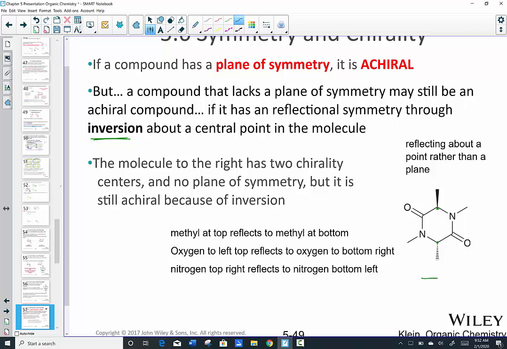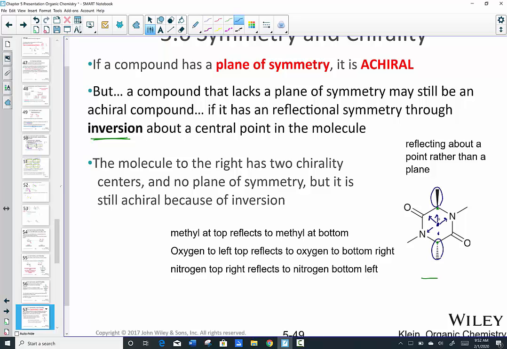Well, instead of being able to place an actual mirror and cut the molecule in half and see your mirror image, I want you to stand right smack in the center as a point of inversion. You notice when I look up, I have a methyl group as a wedge. When I look down, I have a methyl group as a dash. They have inverted. When I look this direction, I see nitrogens.